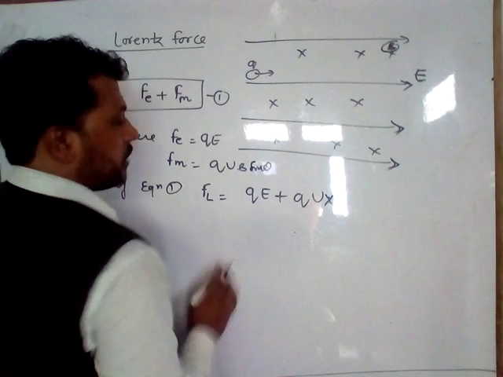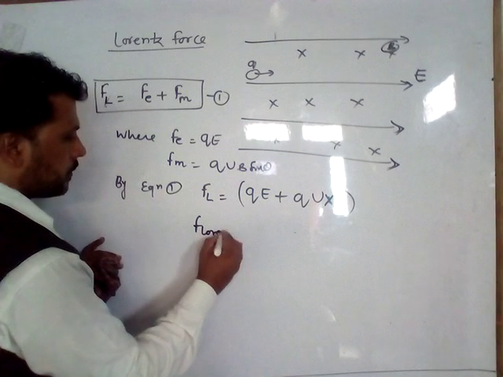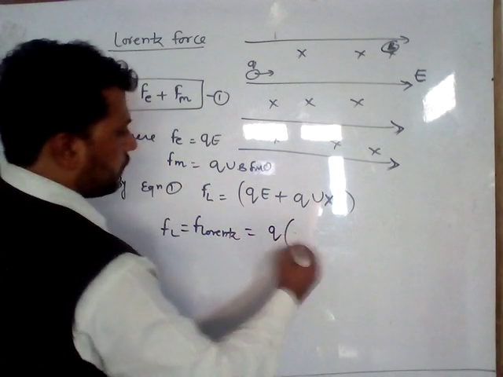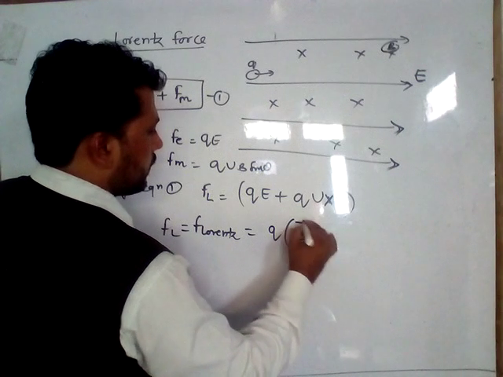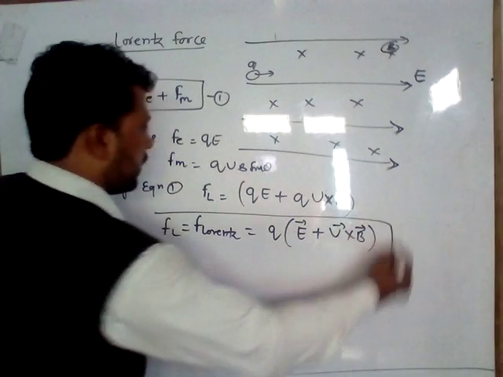So F Lorentz or FL is equal to q(E plus V cross B). This is the Lorentz force.